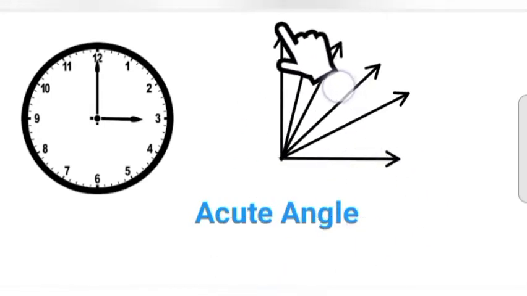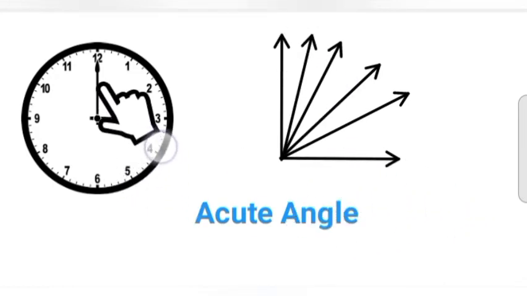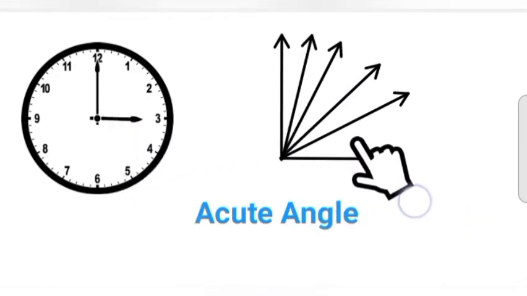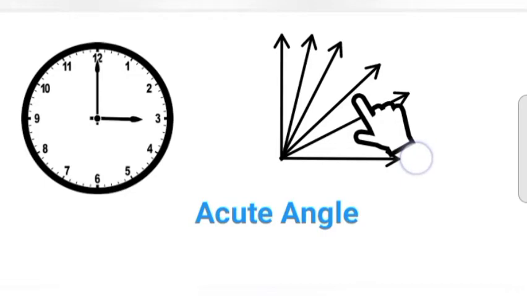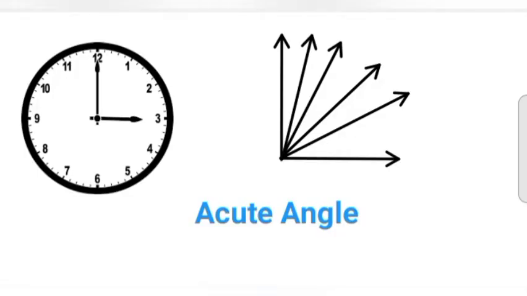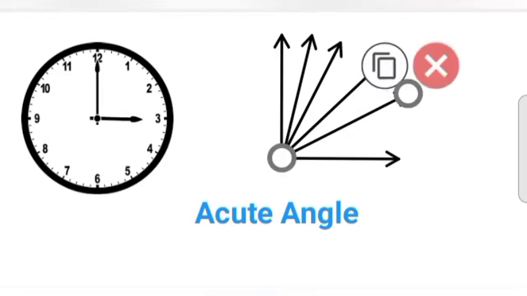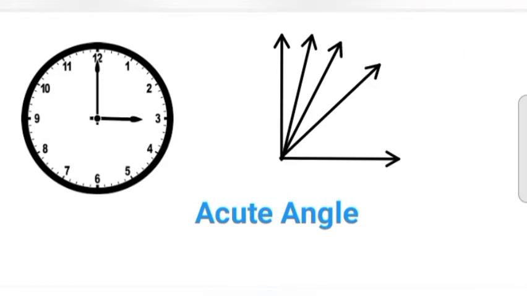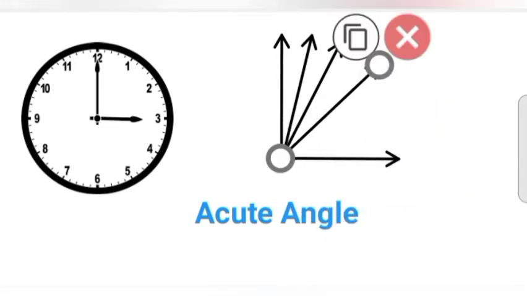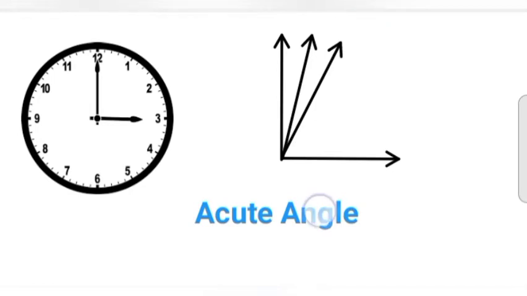If it is perpendicular, we can say it's a right angle. This is an acute angle, this is also an acute angle. When you think about this, you should not think about the other angles, just this angle. So this is an acute angle, and this is also one acute angle, and it goes on.